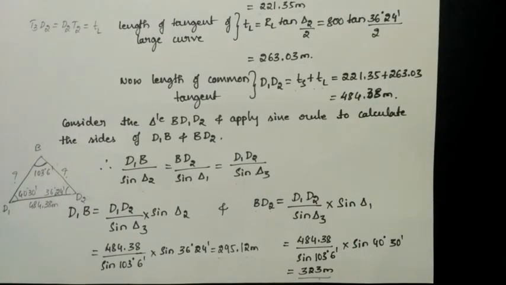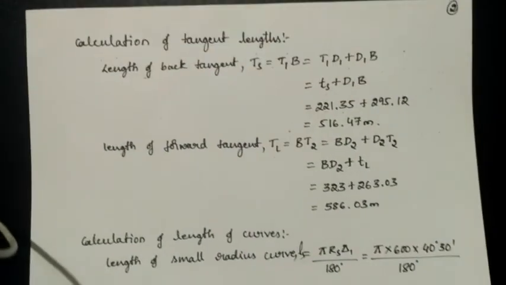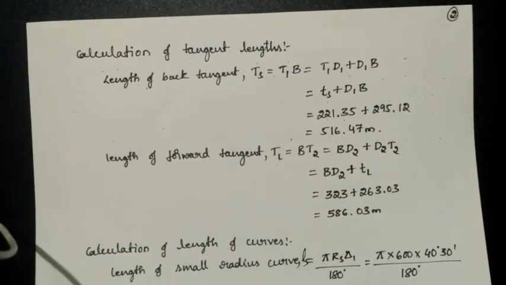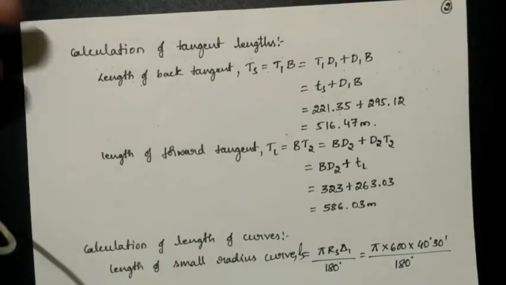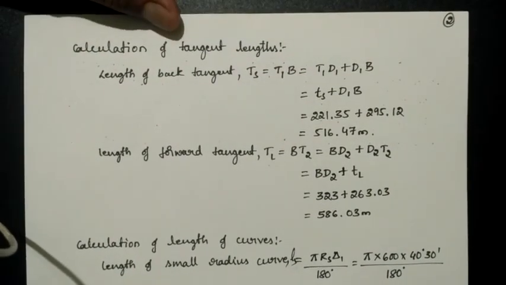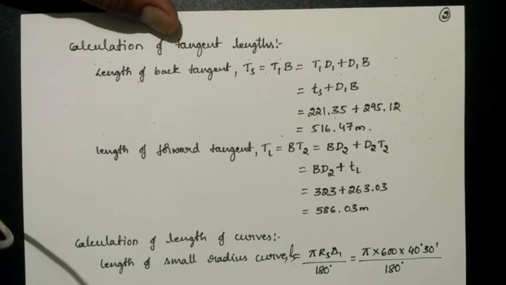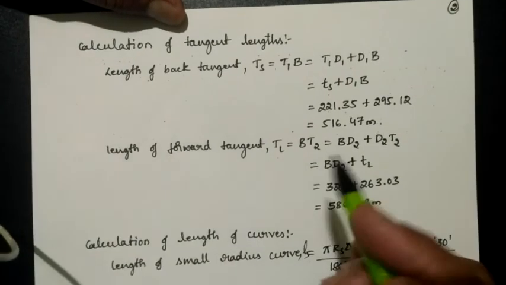Now total value of the tangent length, that is back tangent and forward tangent, we need to add both the parts of the back tangent.